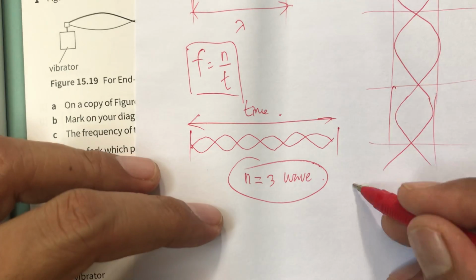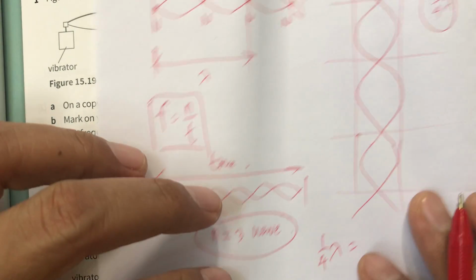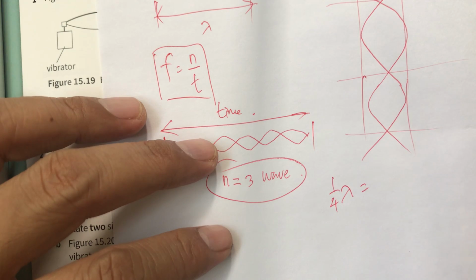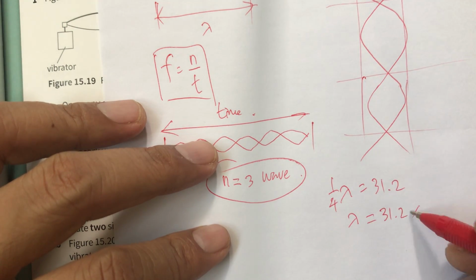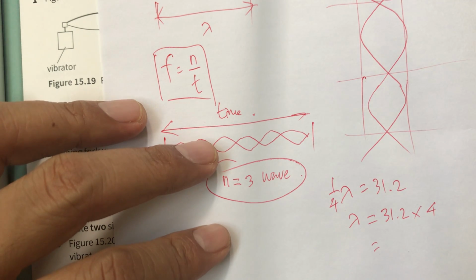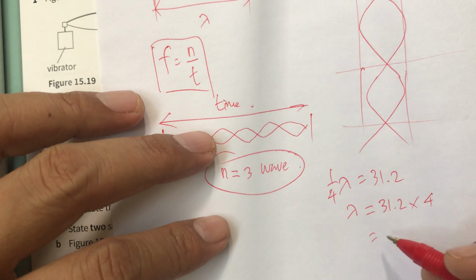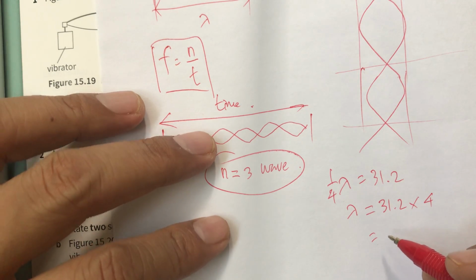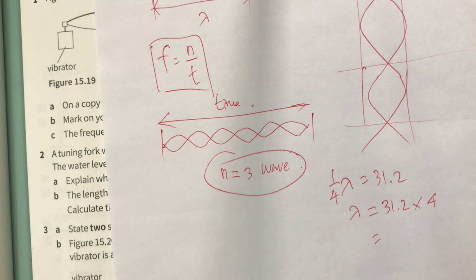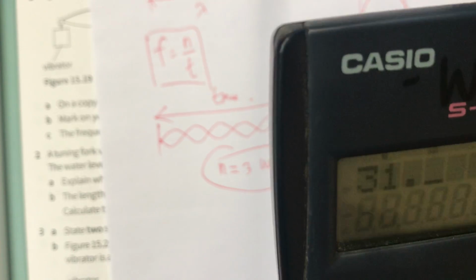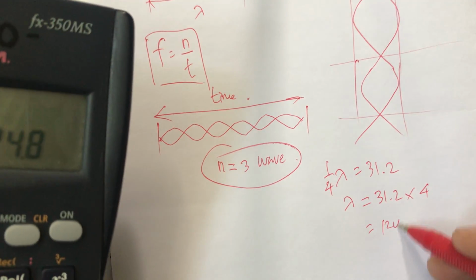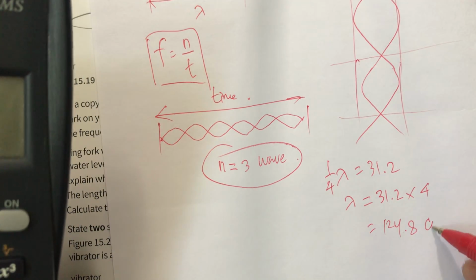So we get 1/4 lambda equals 31.2, so lambda equals 31.2 times 4. 31.2 times 4 equals 124.8 centimeter.